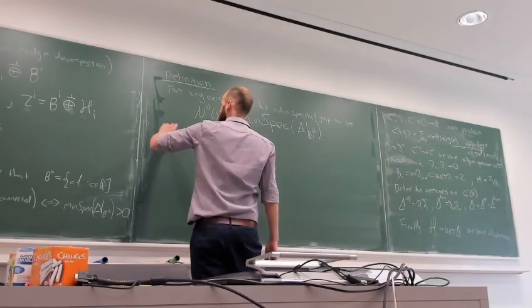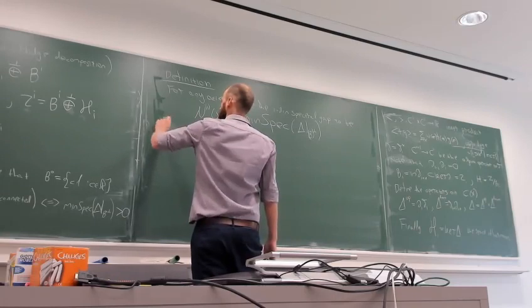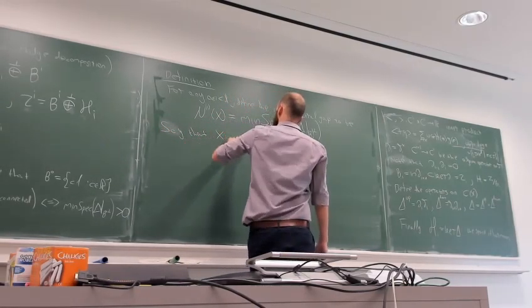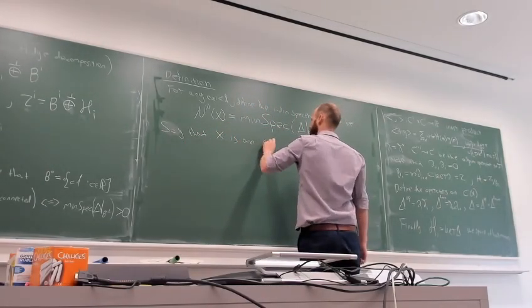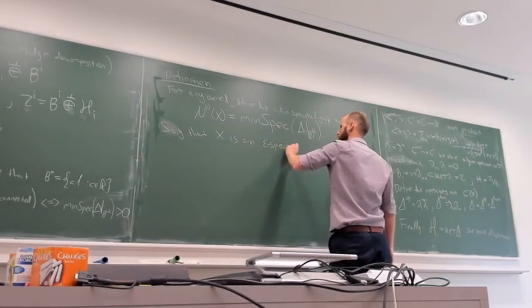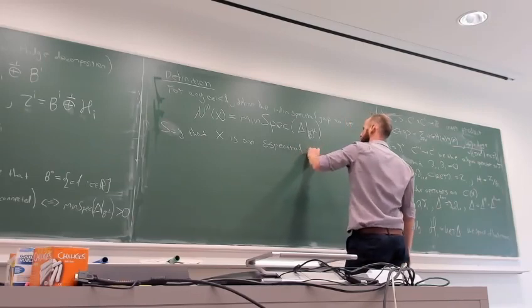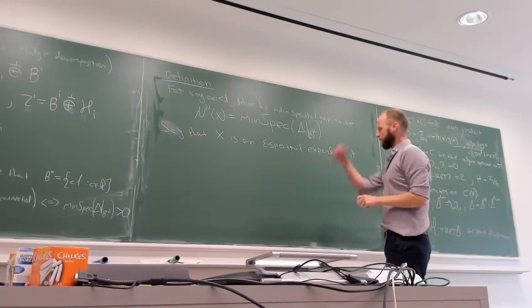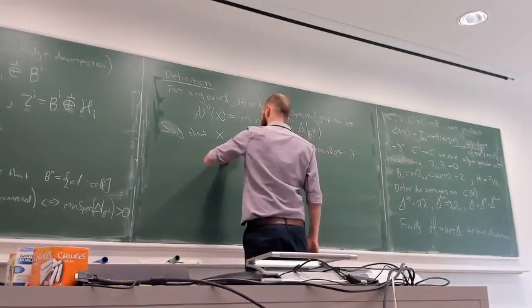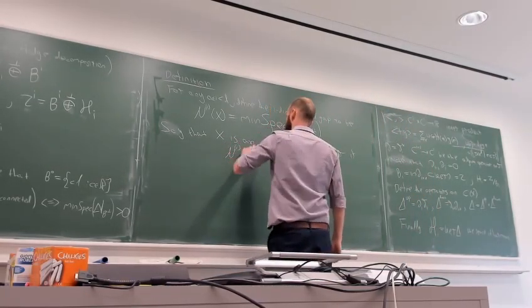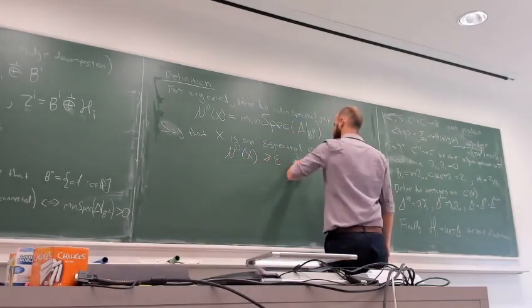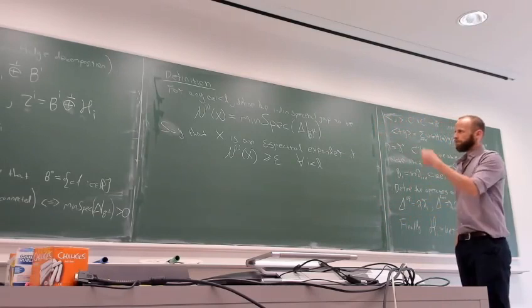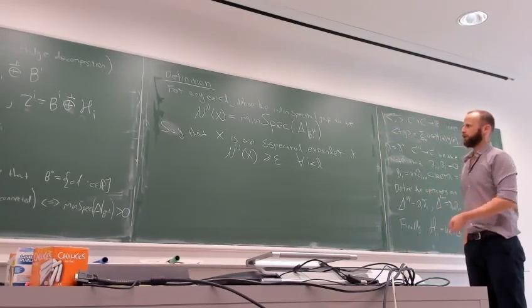and define or say that X is an epsilon spectral expander if I have a spectral gap in all interesting dimensions.